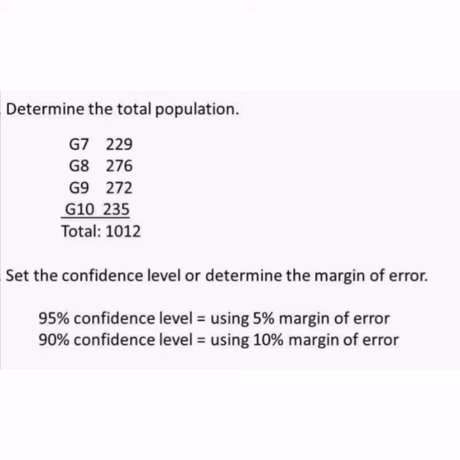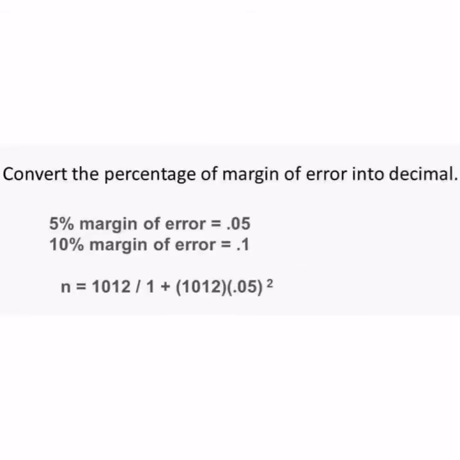So that means that if you want a 95% confidence level, you're supposed to be using 5% margin of error in your computation. And if you decide to have 90% confidence level, you'll be using 10% margin of error. After figuring out the margin of error, let's say you already determined that you'll be using 5%, you have to convert this percentage into the decimal. So 5% means 0.05, and if it's 10%, then that's going to be 0.1.